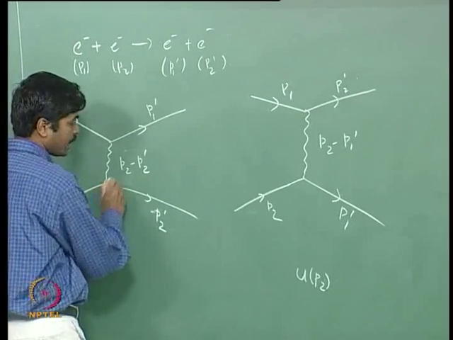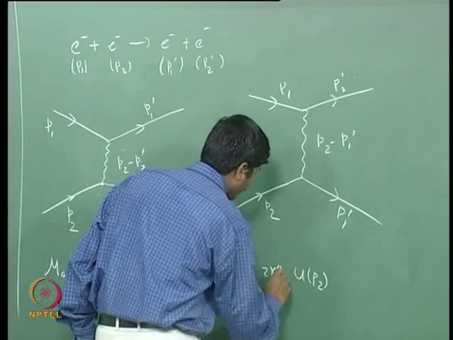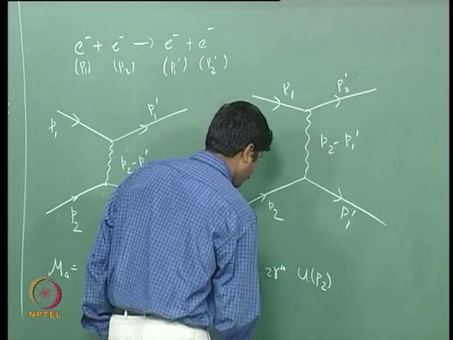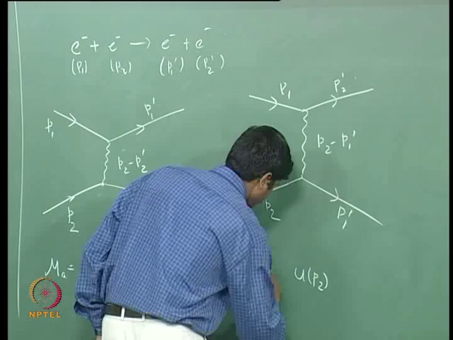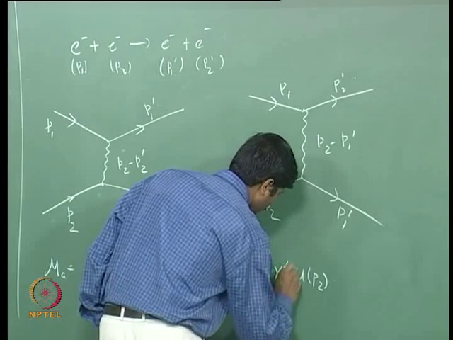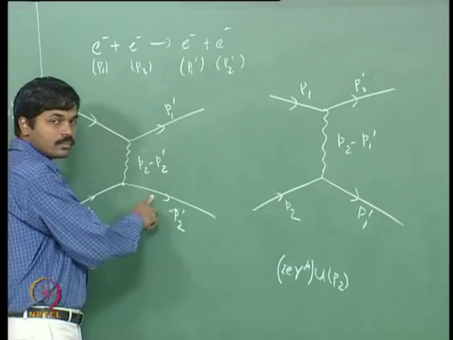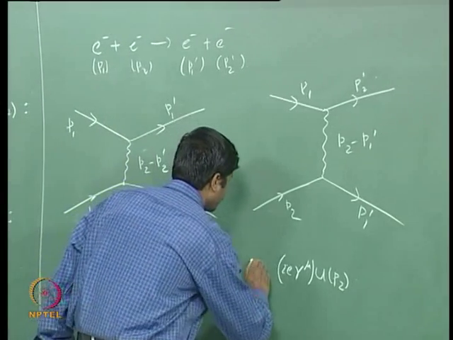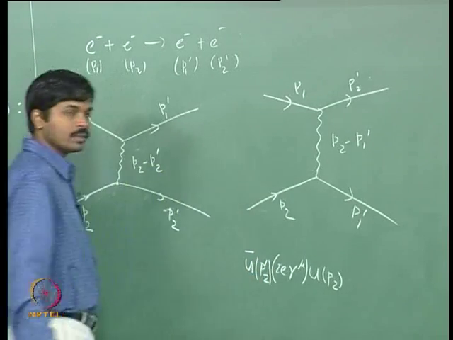For this I will write i e γ^μ. Then you have this outgoing electron of momentum p2', I will write ū(p2') for this.